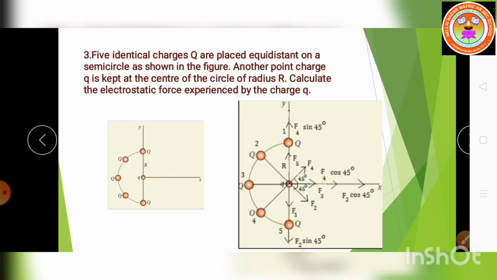It is clear, children? Now along the y direction from the charge q, upward is taken as positive j cap and downward we are going to take as negative j cap. Everywhere the charge q and capital Q, so the forces F1, F2, F3, F4, F5 are equal.